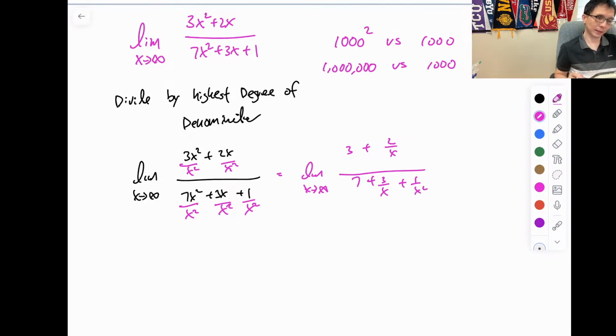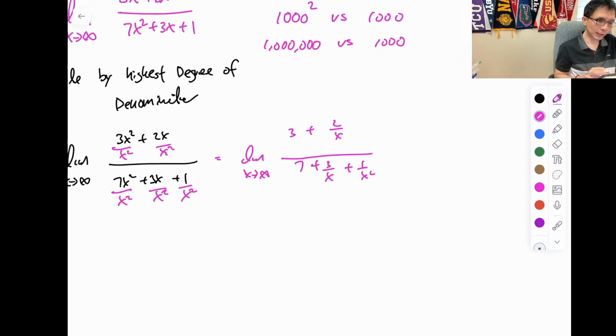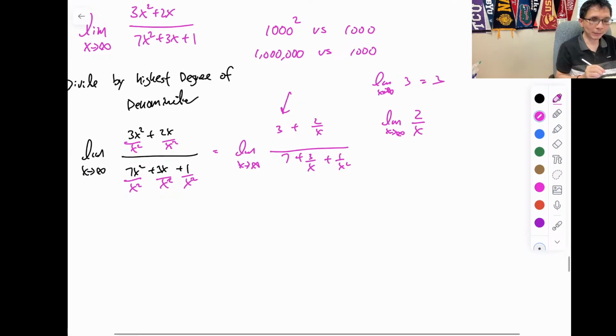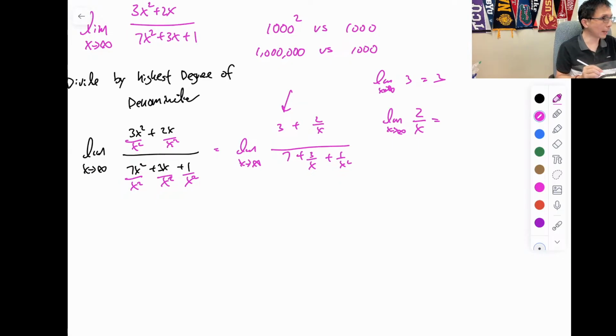Now, what's interesting is this is a calculus way to approach it. If I take the limit as x approaches infinity of 2 over x, why did I choose 2 over x? Because the limit as x approaches infinity of 3 is equal to 3. That's not going to change. It's just a horizontal line at y equals 3. But the limit as x approaches infinity of 2 over x, a lot of people don't understand that.